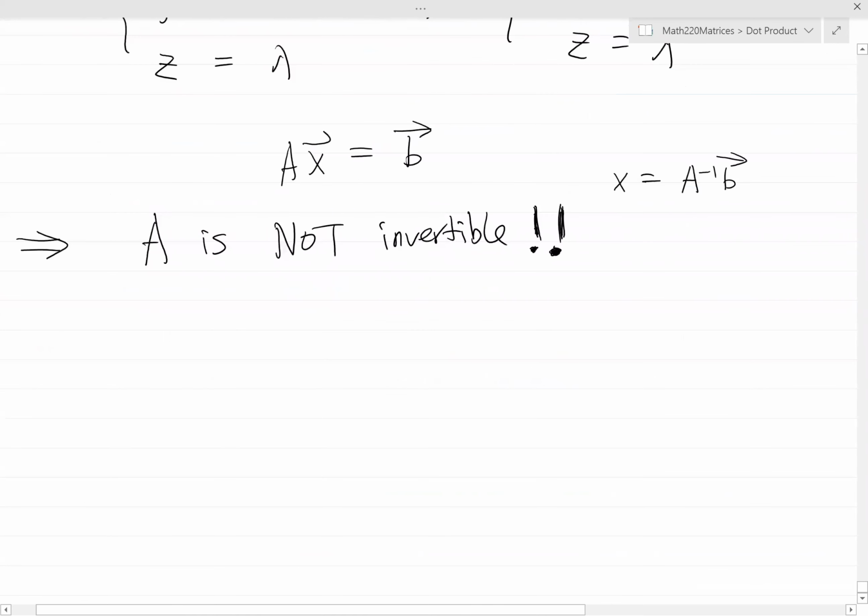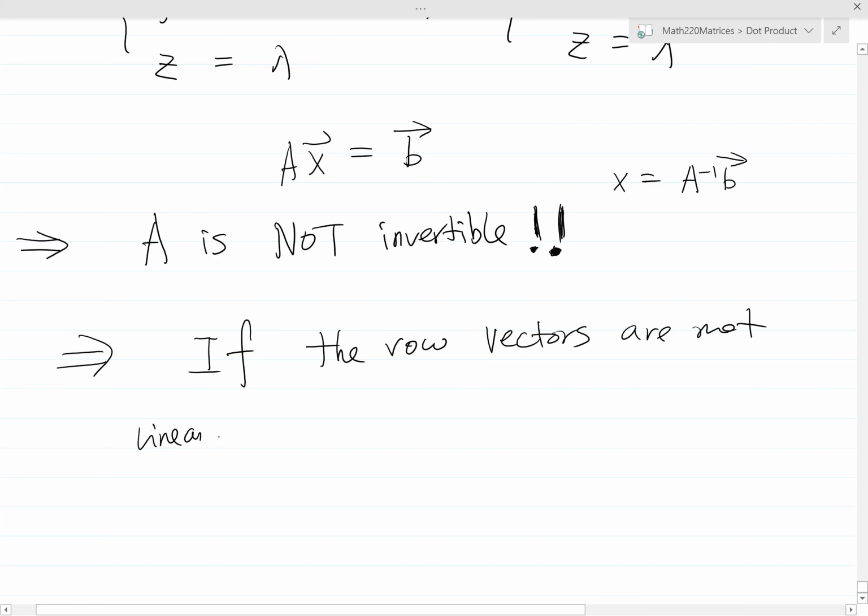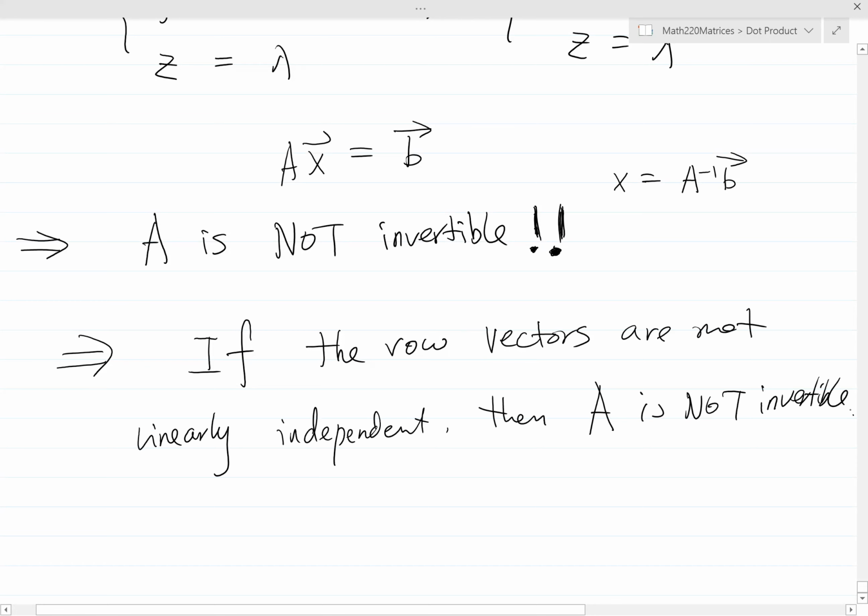Actually, for a square matrix, A is invertible only if the row vectors are linearly independent. We will later show that. Okay, maybe it's a good time to stop here for today.